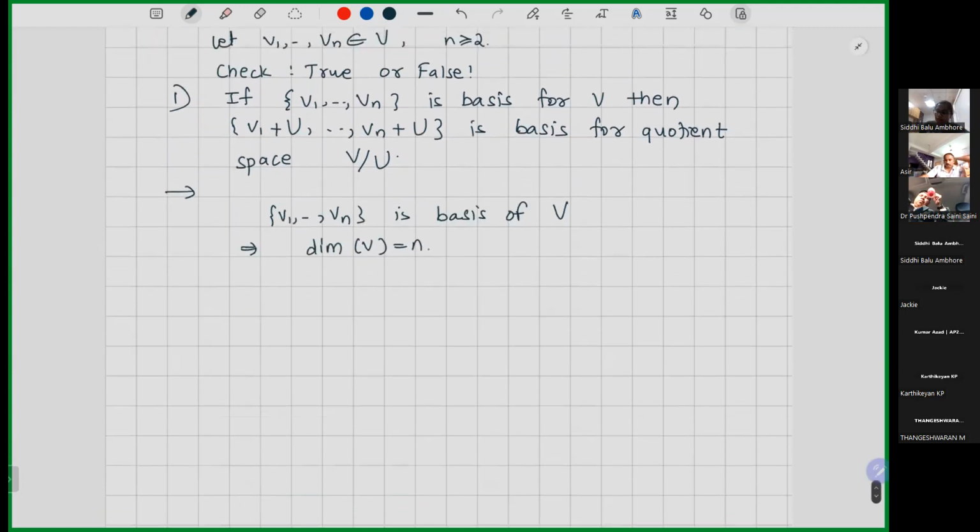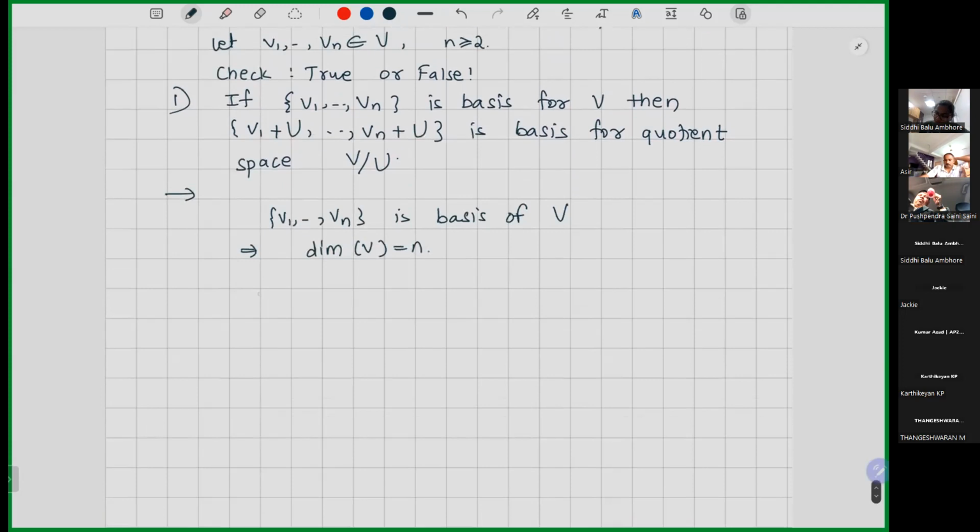Okay, and U is a non-zero subspace of V, then the dimension of U is greater than or equal to 1, right?